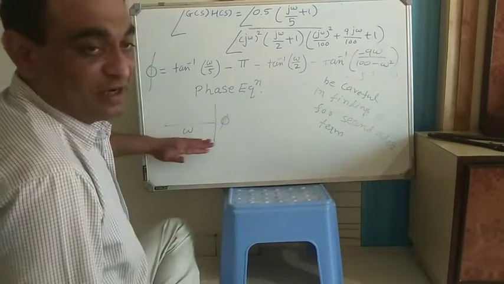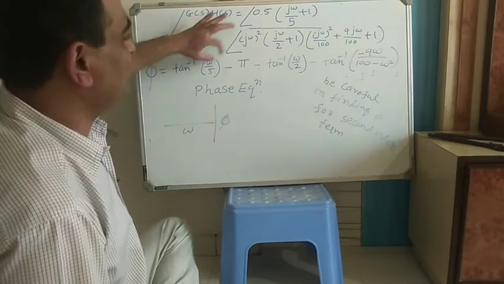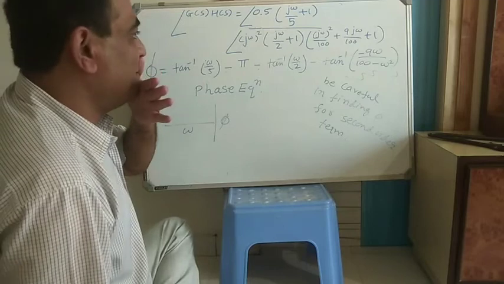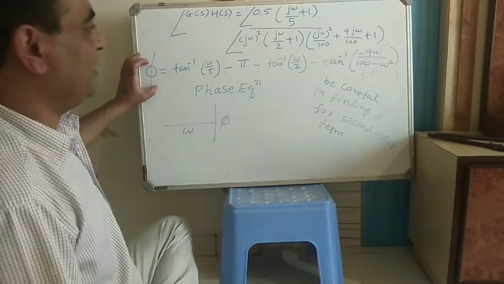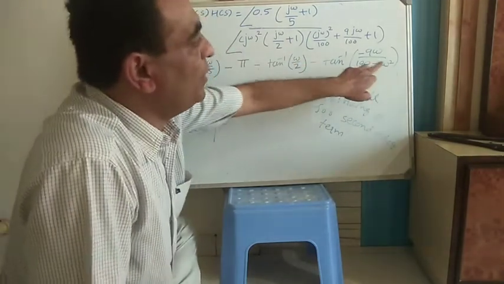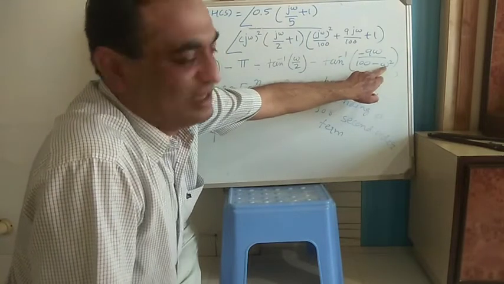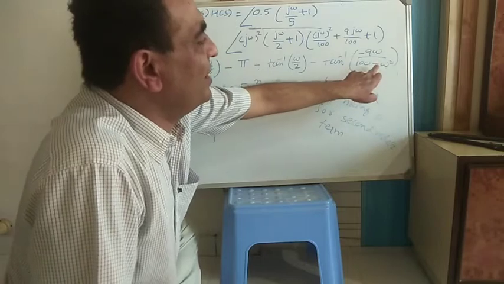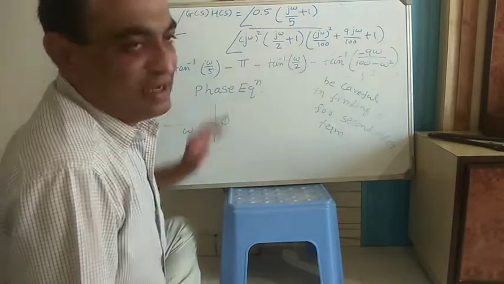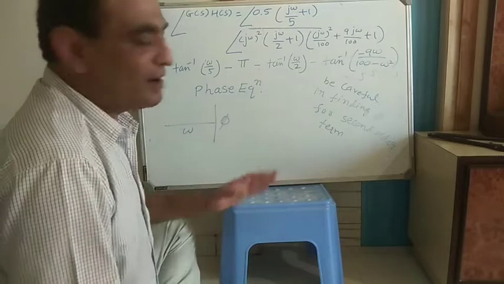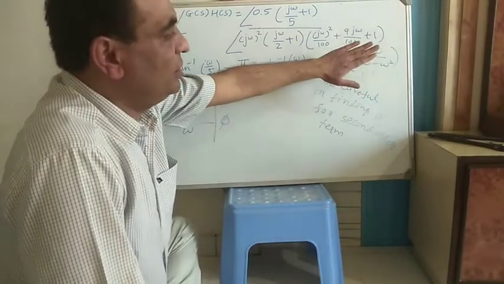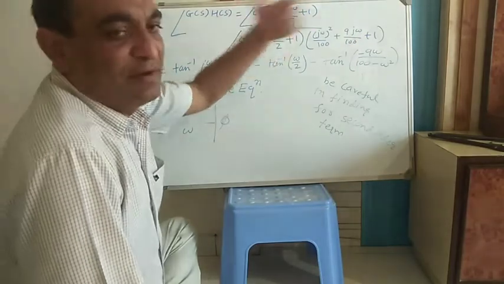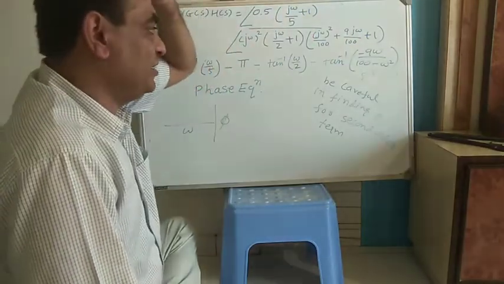So I need to take different values of omega, replace them, find the phase, and then plot it. But while finding the phase for the second order term, when omega is exactly equal to, let's say, 10, then 10 square is 100, and 100 minus 100 is 0. At that time you need to check in which quadrant tan inverse is located. Based on that, you need to add or subtract 180 degrees from the phase. You need to check that.